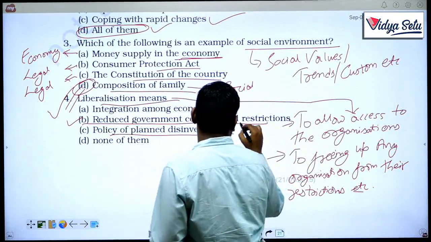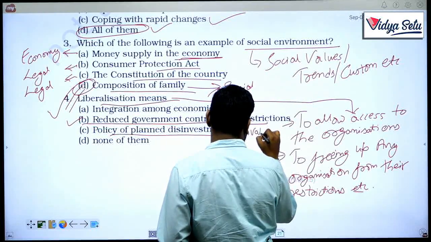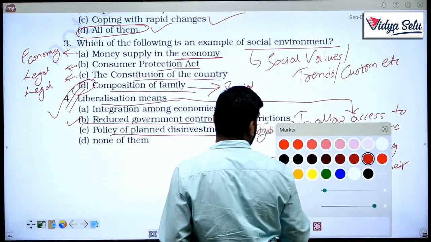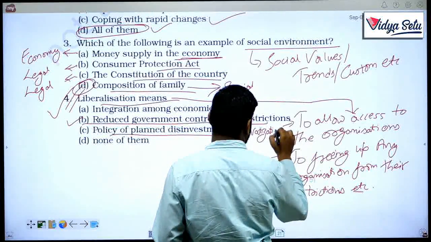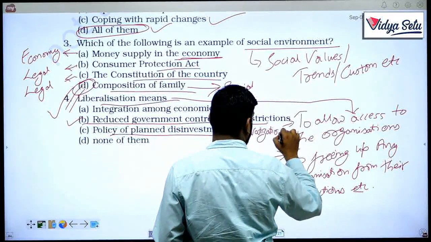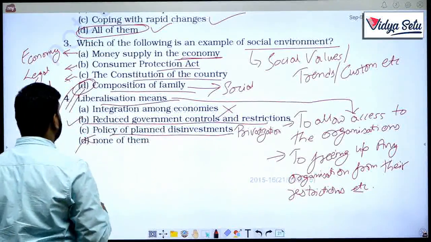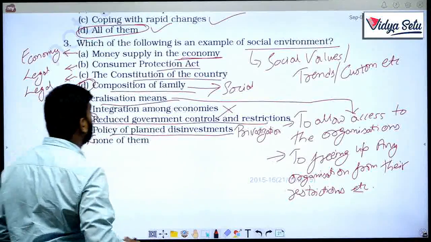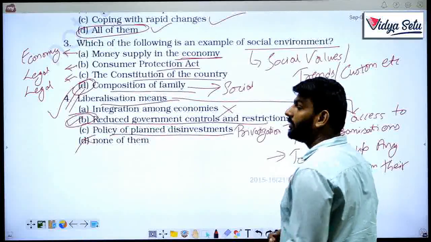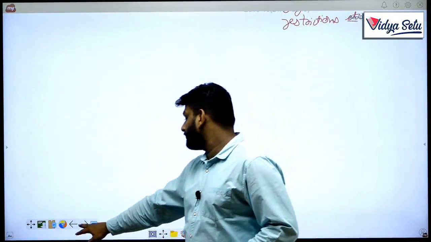That's why we will consider this privatization. Or next is none of them is not the only option. So the correct answer is B, reduce government controls and restrictions. Clear? Next, let's come to the next question.